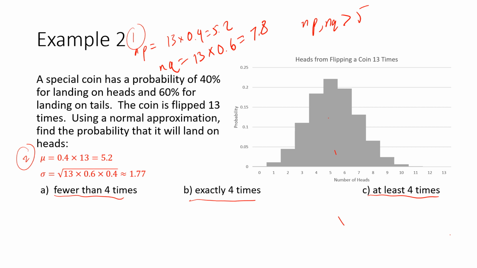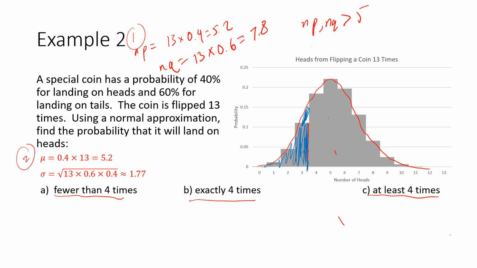Fewer than 4 times. So fewer than 4 times means 3 times or less, right? So imagine that we have something close to a bell curve, a normal distribution curve, like so. We want to find this whole area right here, and we can do that.